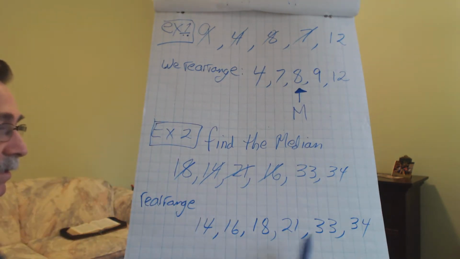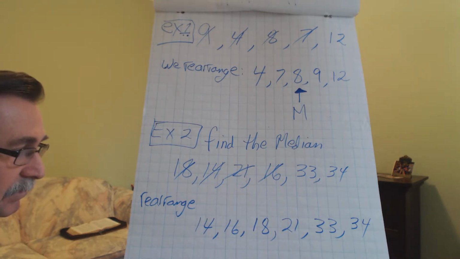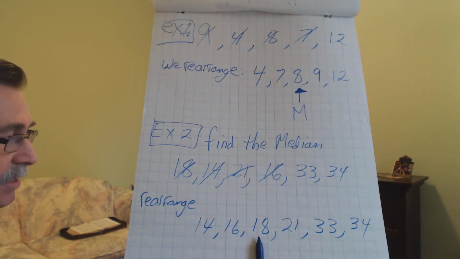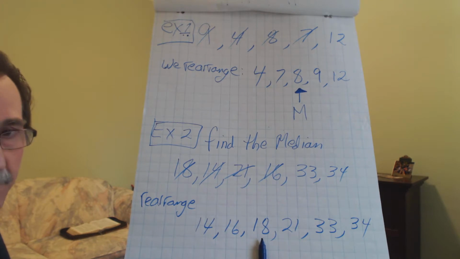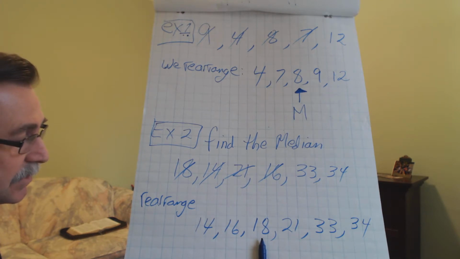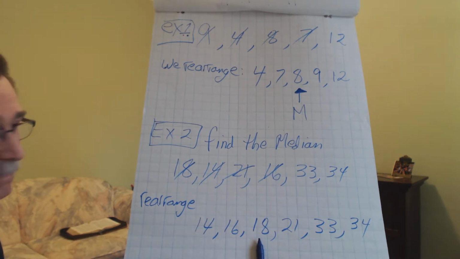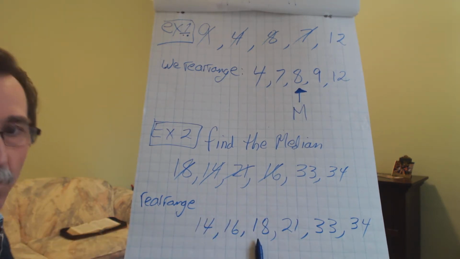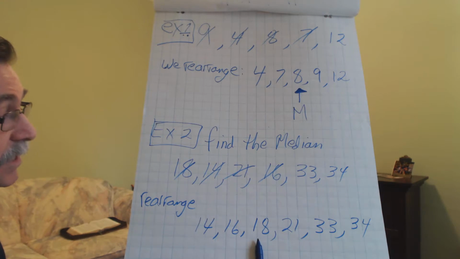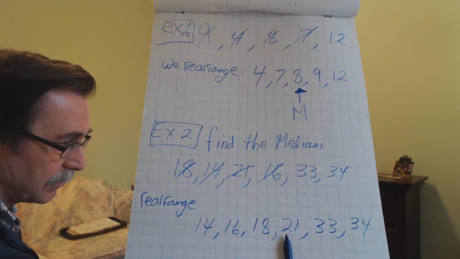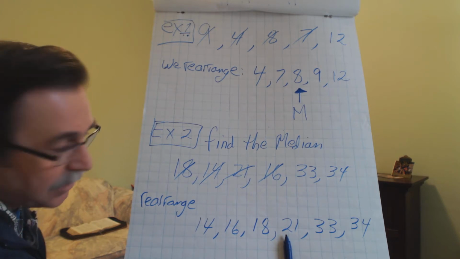So if I want to go to the middle of this list, it can't be 18. The median is not 18. And the reason for that is because there are only two numbers less than 18, but there are three numbers more than 18. So that is not the true median. And the same goes true for the 21. 21 is not the median either.